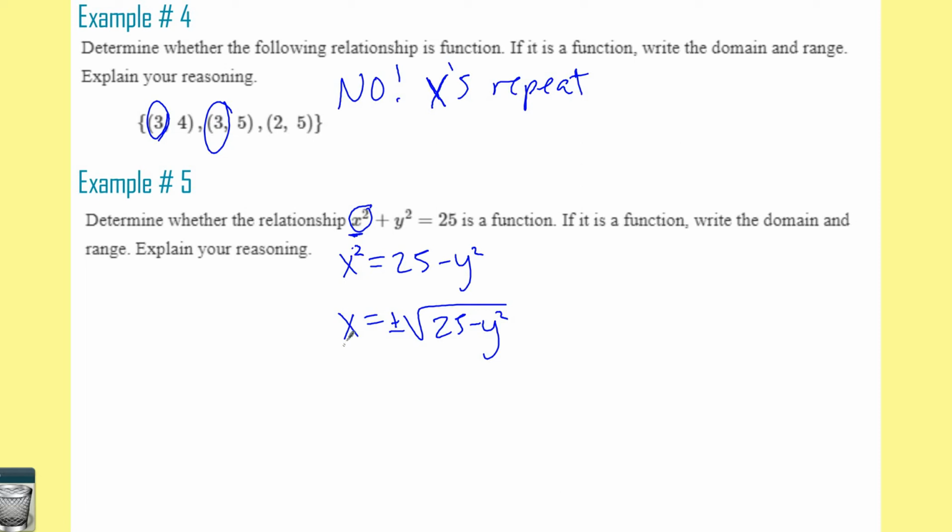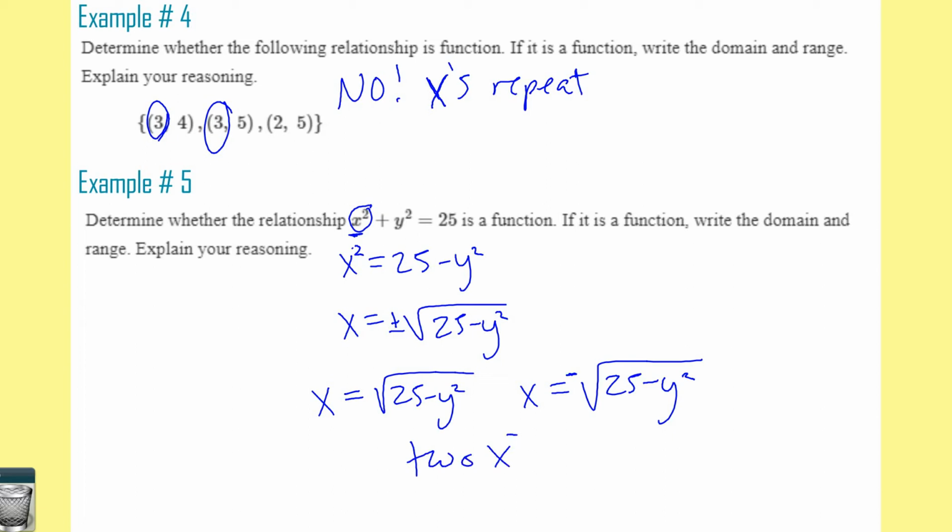That means that if I have one y value, that gives me two x values, plus or negative. So x can either be the positive square root, and also I'd have to solve for the negative square root of 25 minus y squared. Since there's two x's, it can't be a function.